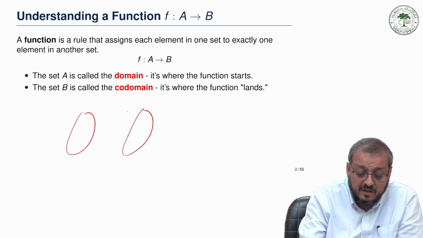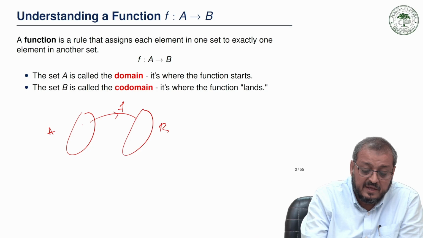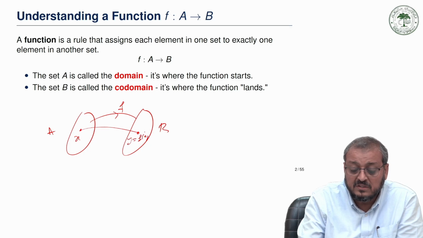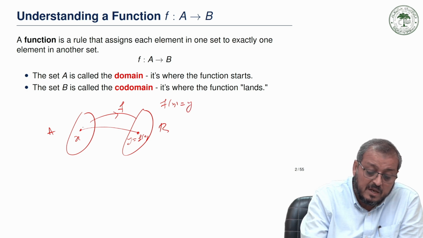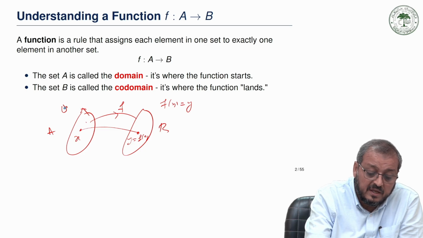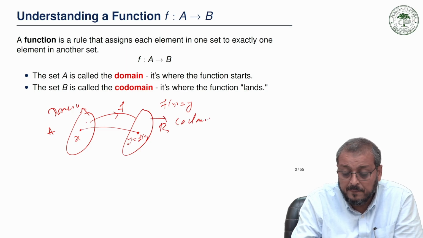We have two sets, A and B, and some rule defined between them. Suppose x is in A and its image is y, which is equal to f of x. The set A is called the domain, and the set B is called the codomain.